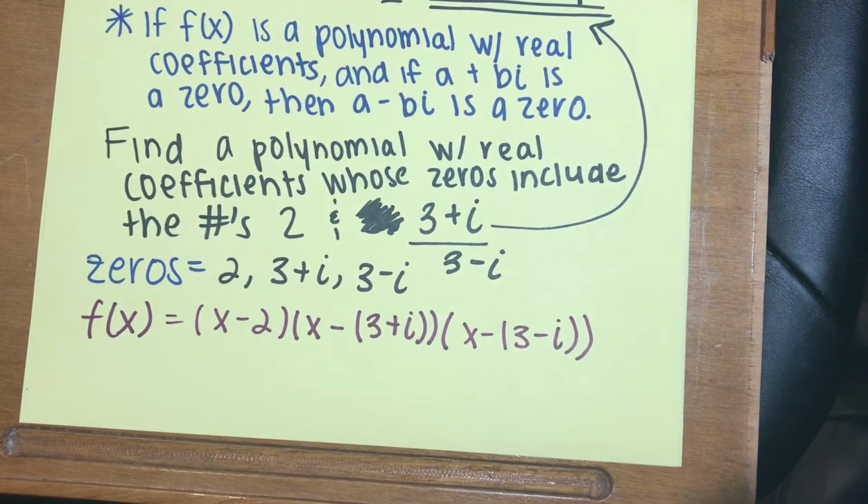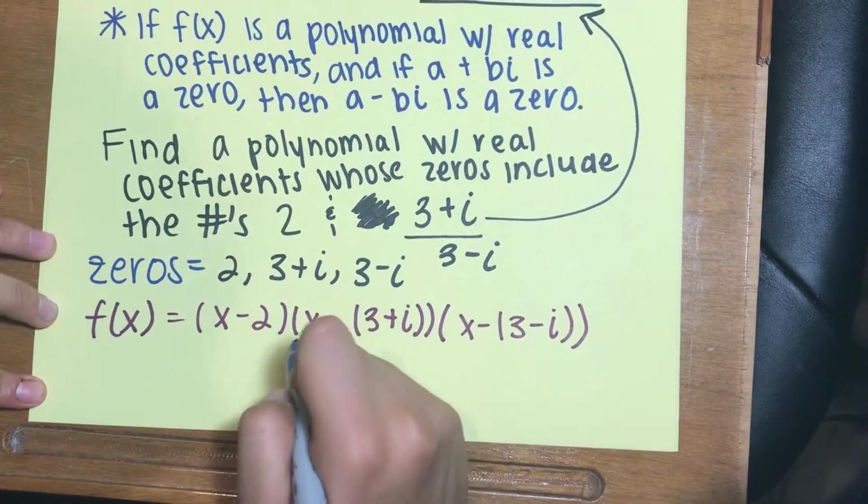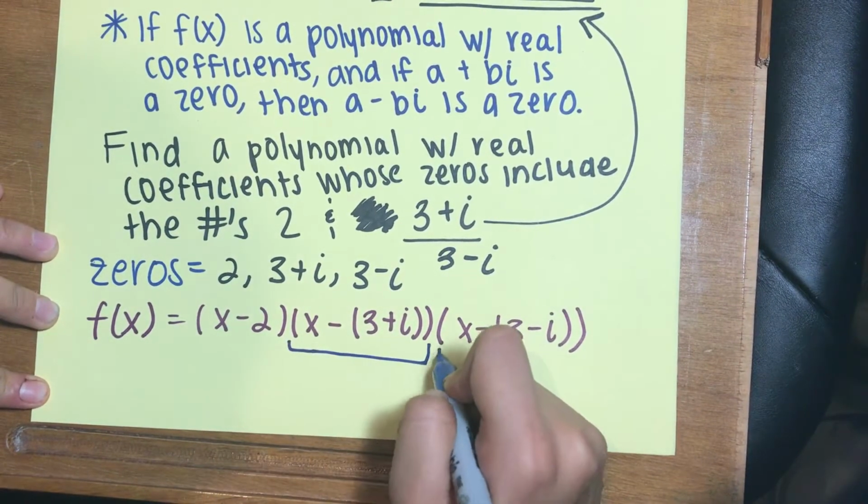So here we see our conjugates. So this is a conjugate, and this is a conjugate.